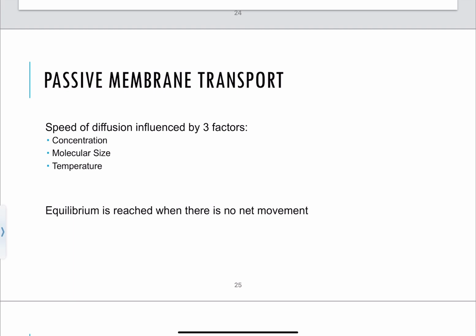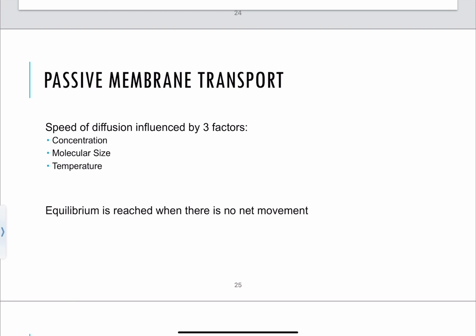The greater the difference in concentration between the two areas, the faster the particles are going to diffuse. As far as size, the smaller the molecule, the faster it's going to diffuse. And if we increase the temperature, that's going to increase the kinetic energy within the molecules, which is going to increase the speed and therefore the rate of diffusion.